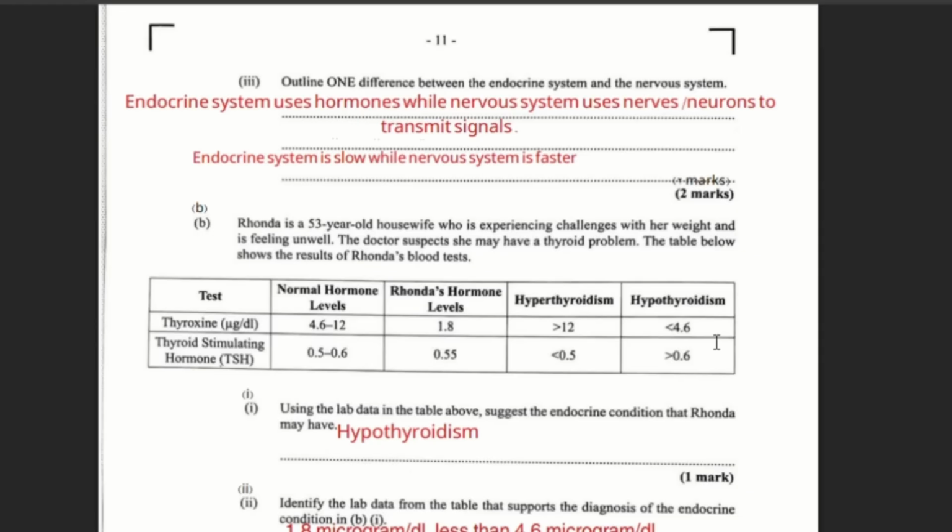The endocrine system releases hormones into the bloodstream, and the nervous system uses neurons to send messages all over the body. You have your motor neurons, sensory neurons, all of those things, and hormones are a different situation.